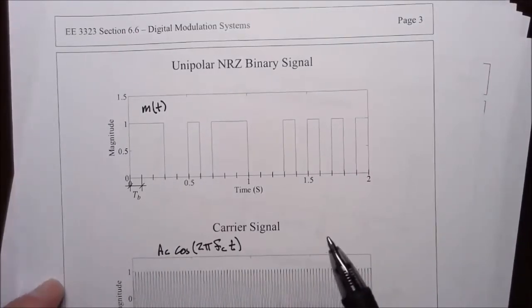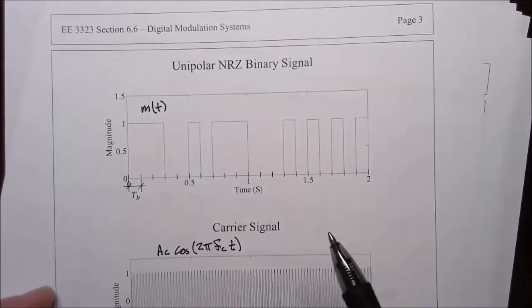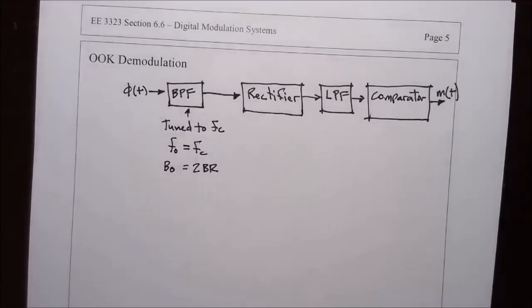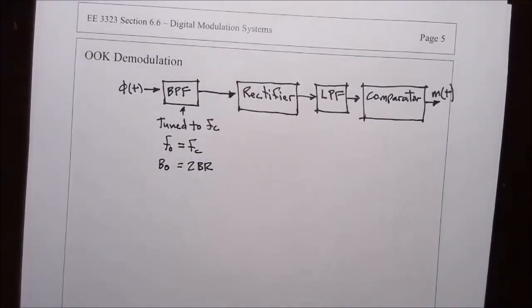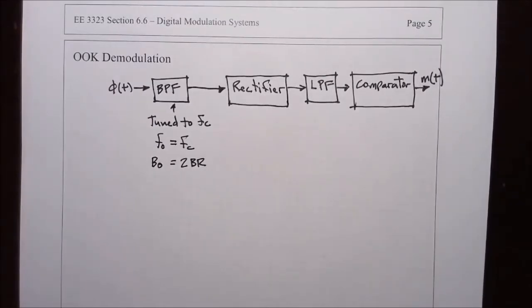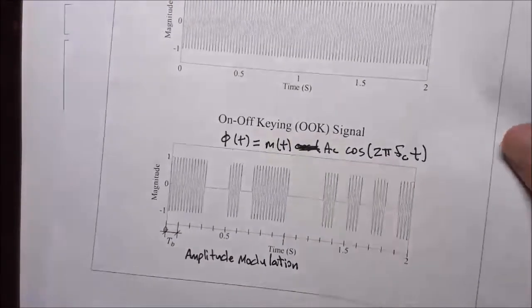Decoding this is a bit of a challenge, but there must be a good way that perhaps you can think of one day. Okay, so this is on-off keying, which is simply amplitude modulation.